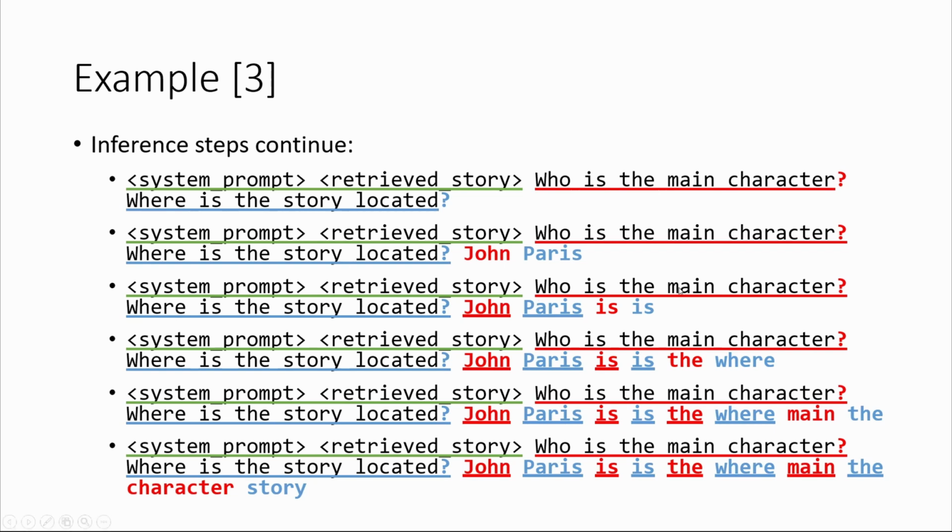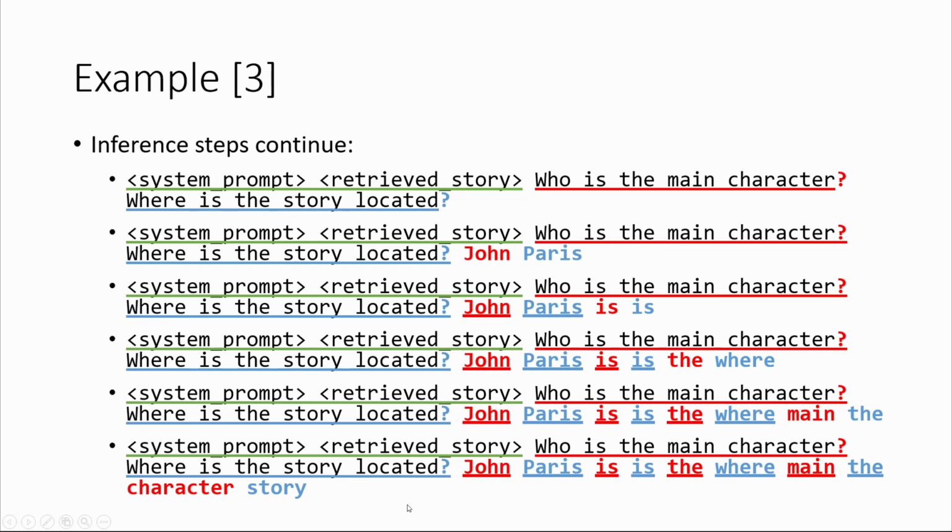Yep. All right. So I made the point that these two "is"s are not the same in all the layers, even though they have the same input token and the same rope embedding. So then we do next token prediction on the red and the blue "is", and we get "the" and "where". We do that again. We get "main" and "the", and then we get "character" and "story".